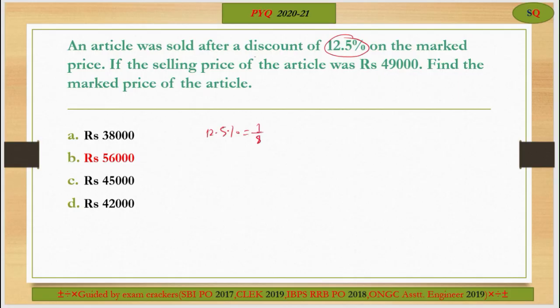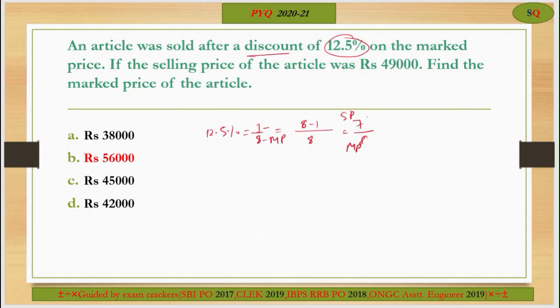Now since it is discount, 1 is discount, 8 is market price. Now we have to subtract 8 minus 1 because it is a loss. So 7/8. 7 is selling price, 8 is market price.